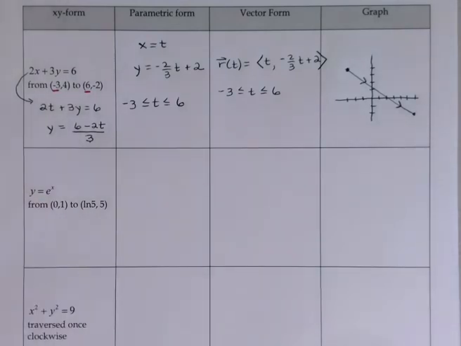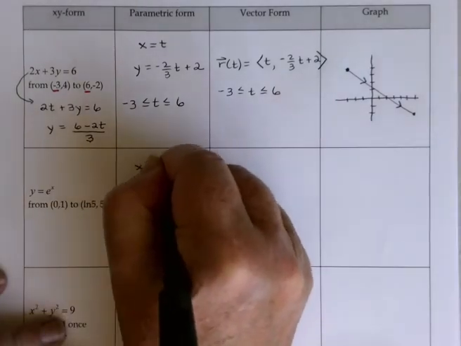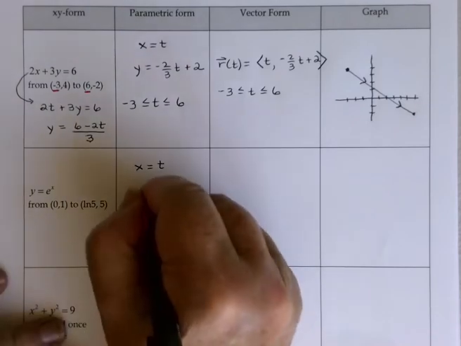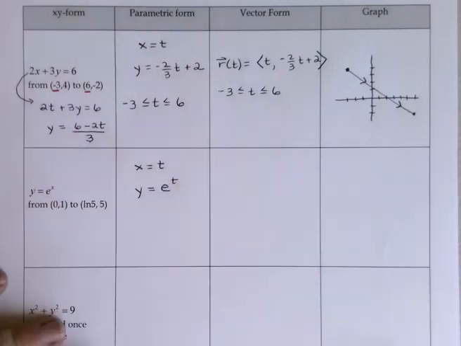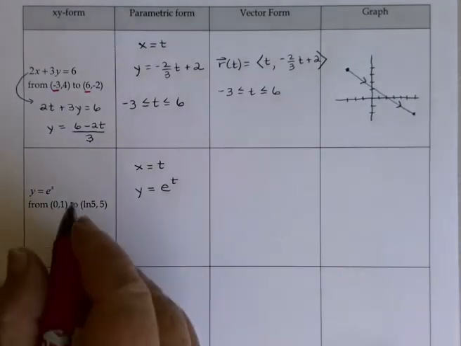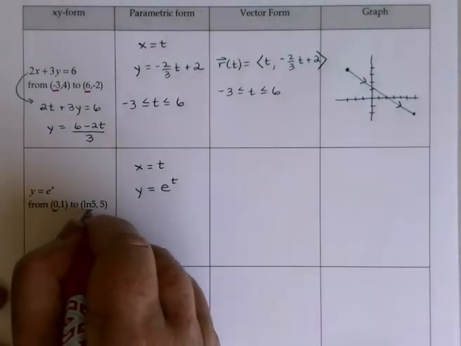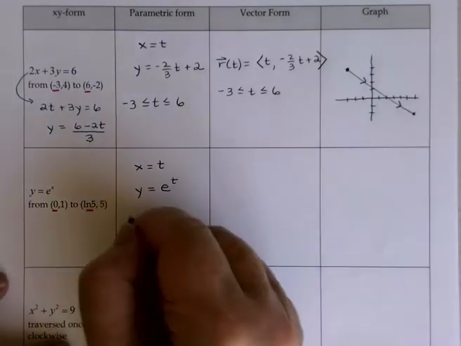y equals e to the x from 0, 1 to ln 5, 5. I'm going to use that same old trick again. x equals t. So y would be e to the t. And since the x value is the t value, once again I'll use the x's to define the range of values that I'm going to allow t to go through.